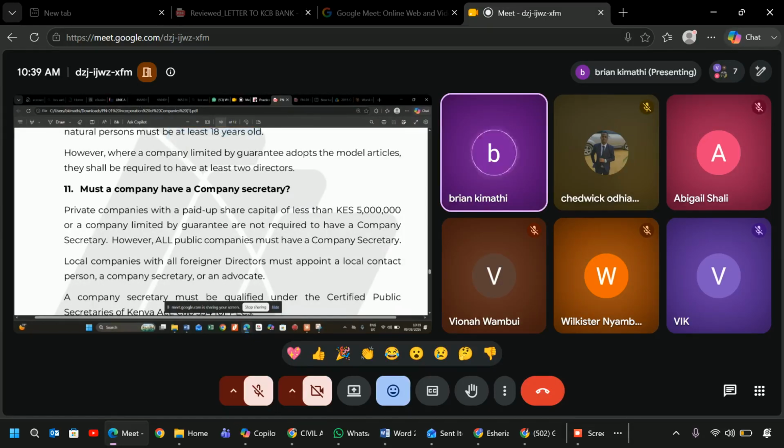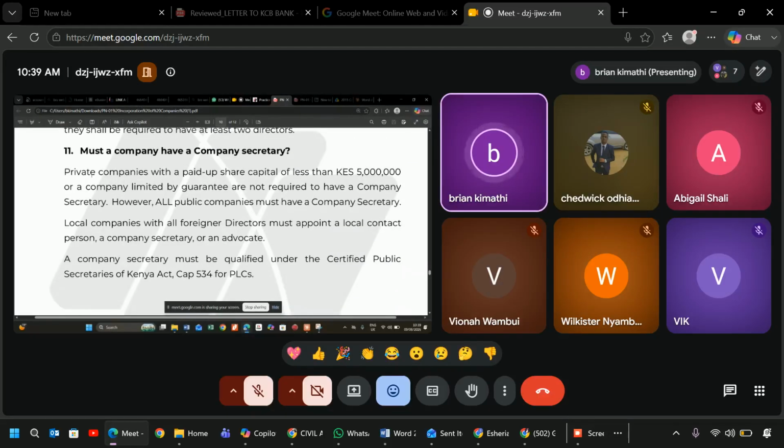Where a company limited by guarantee adopts model articles, they shall be required to have at least 2 directors, and must have a company secretary. Private companies with a paid up share capital of less than 5 million or a company limited by guarantee are not required to have a company secretary. However, all public companies must have a company secretary. Local companies with all foreign directors must appoint a local contact person, a company secretary, or an advocate.